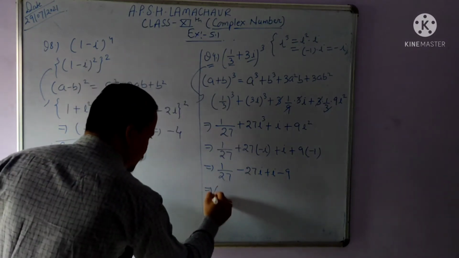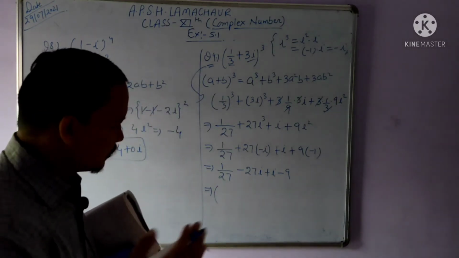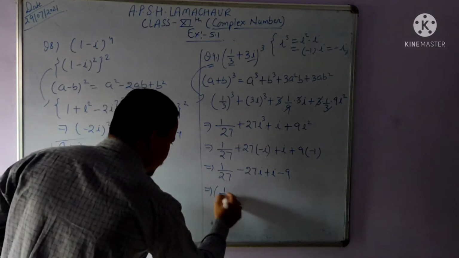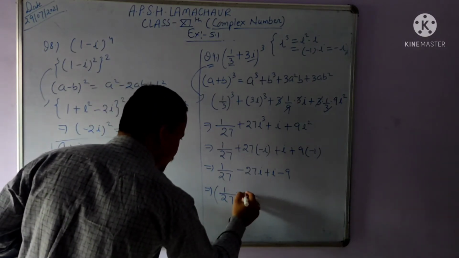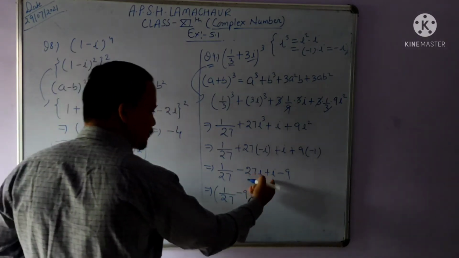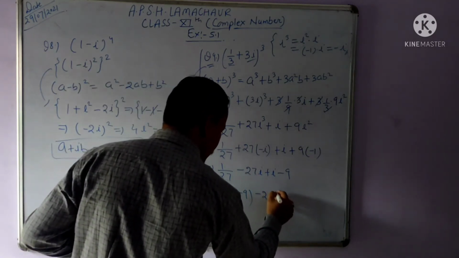Now taking the real parts together, so 1 upon 27 minus 9, minus 27 plus I, this will give you minus 26 times iota.